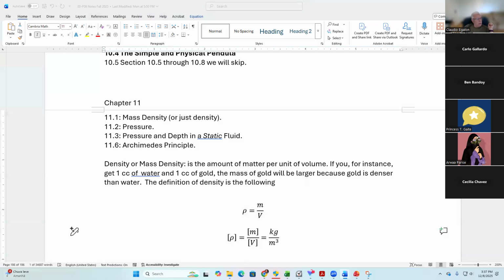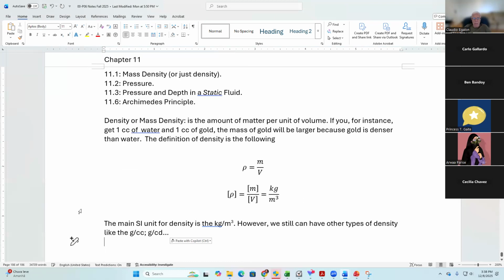And there are tables out there that document the densities of different substances. Let's not forget the SI unit for density is the kilogram per cubic meter, but we also use other units as well, like the gram per cubic centimeter, and others.